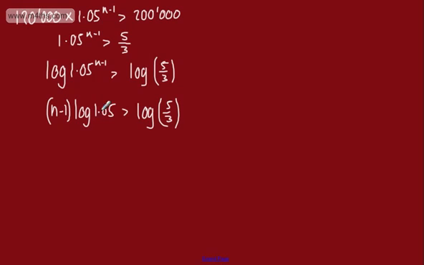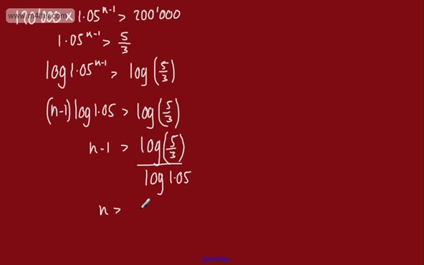Log of 1.05 is a positive number, so I don't have to worry about switching the inequality. So n minus 1 will be strictly greater than log of 5 over 3 divided by log of 1.05. Adding 1 to both sides, n will be greater than log of 5/3 over log of 1.05, plus the 1.